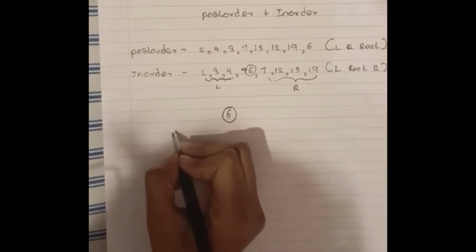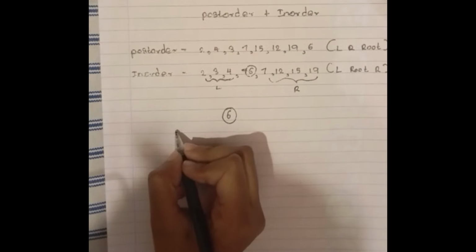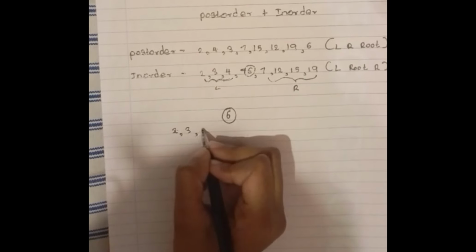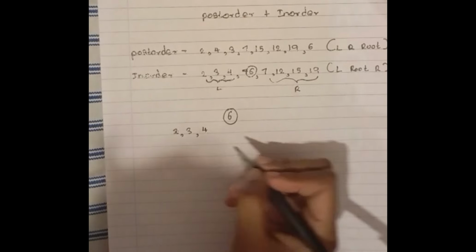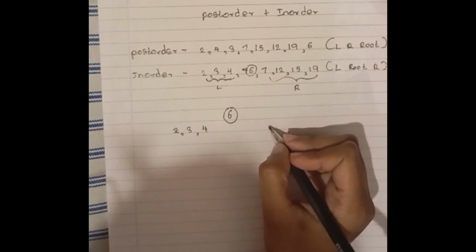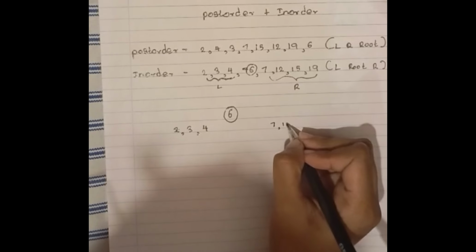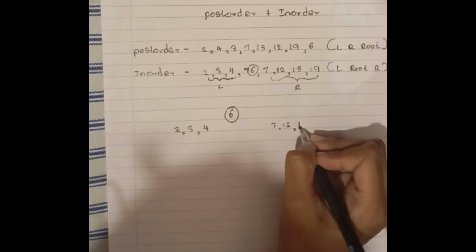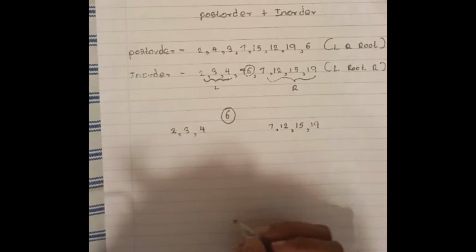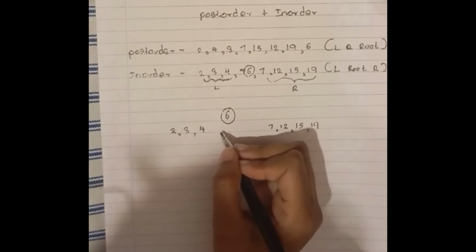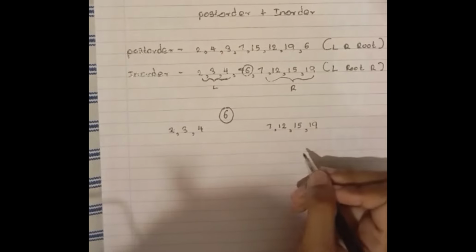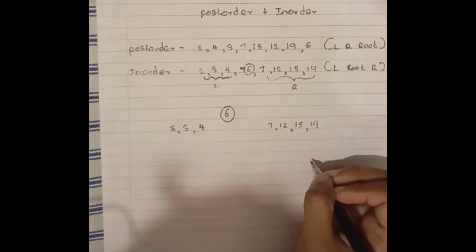So which means 2, 3, 4 on the left side, and for the right side, 7, 12, 15, 19. So let's move to the right subtree.